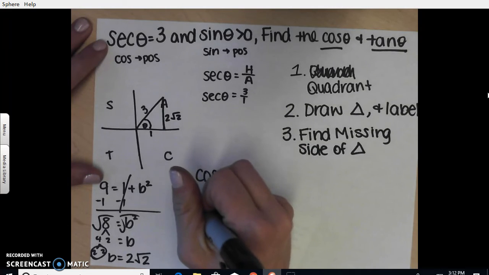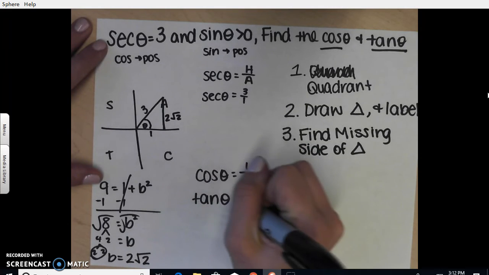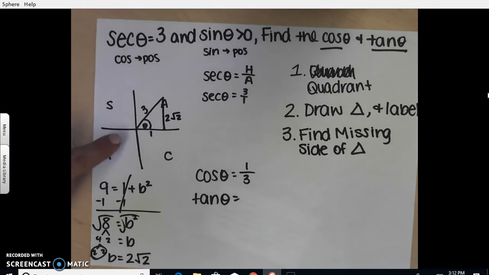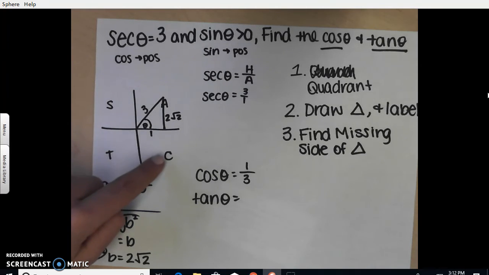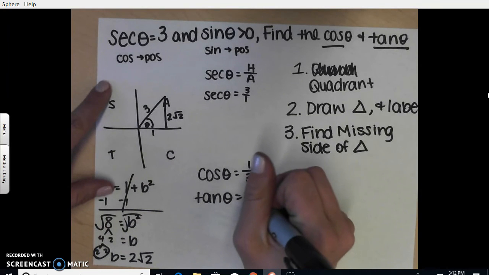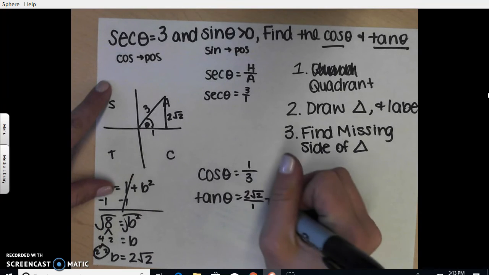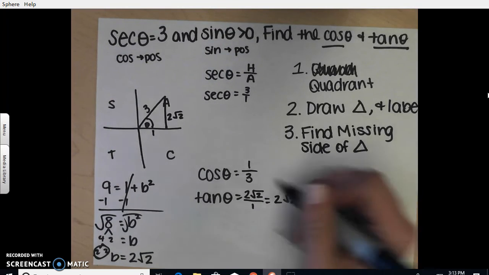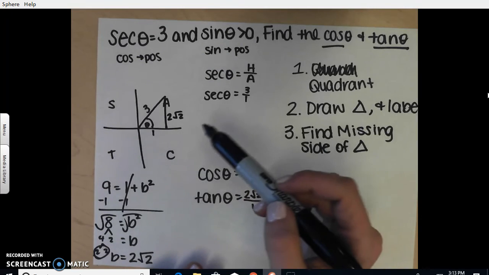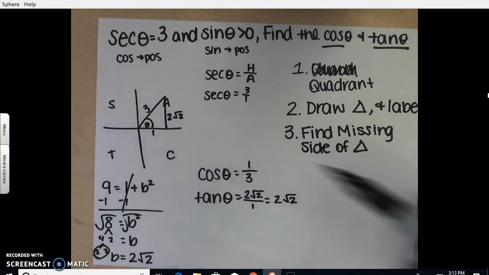The tangent of theta is equal to the opposite over the adjacent, which would be root 2 over 2, 2 times root 2 over 1, which would just be 2 root 2. Both of these values are positive because we are in our first quadrant and all trig values are positive.